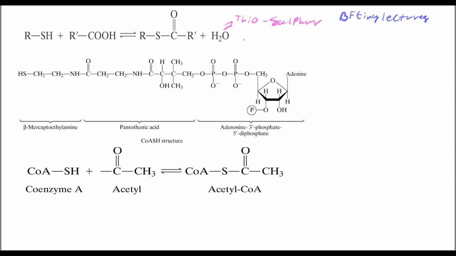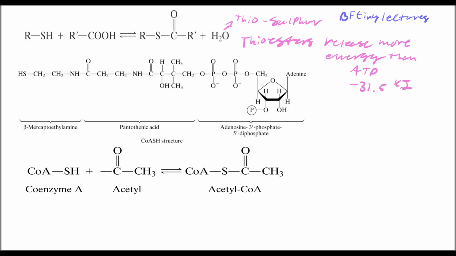So thioesters release more energy than ATP. If you want to get into a specific number, it's about negative 31.5 kilojoules per mole.